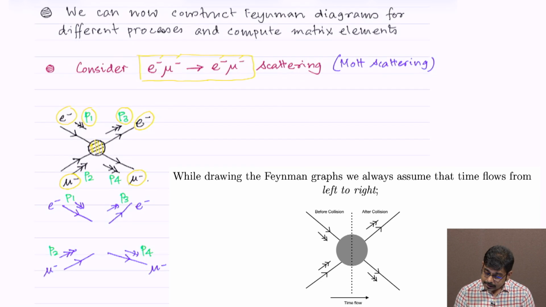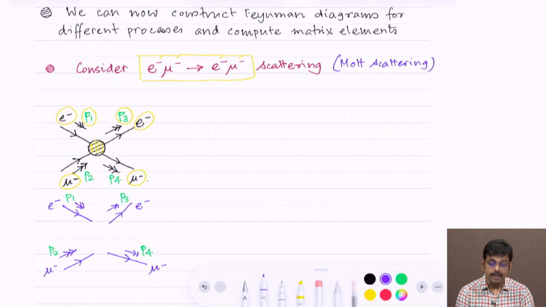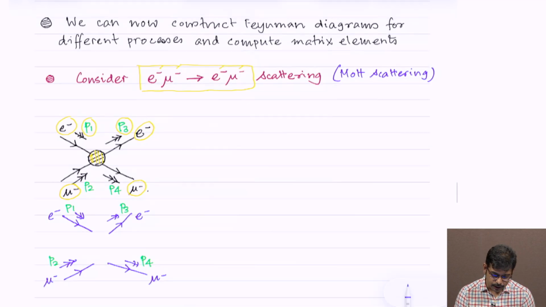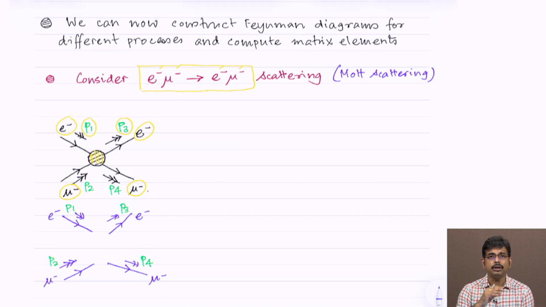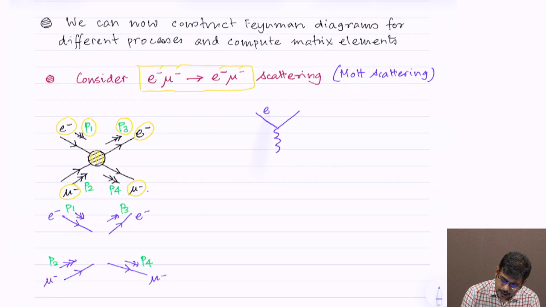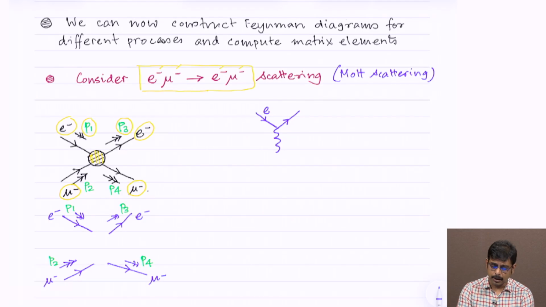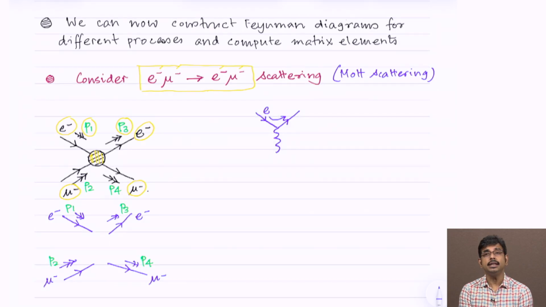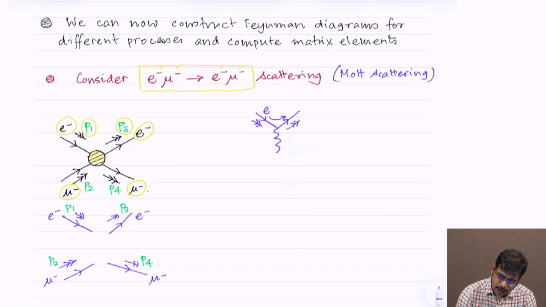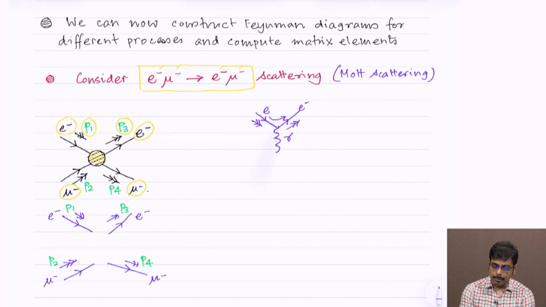Now let's ask the question: can I stitch this graph using the QED vertex that we know of? You remember that we had a line which is something like this, right? So we said that this is a possible line that I can draw. I do not have a crossing arrow in the fermion flow because this defines the fermion current. Whether this is an electron or positron depends on the momentum. But I have a legitimate vertex given by my QED interaction diagram, where I can have an electron scattering with a photon coming out of the vertex.